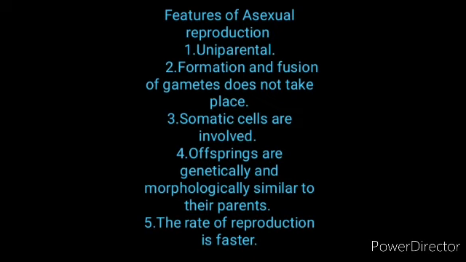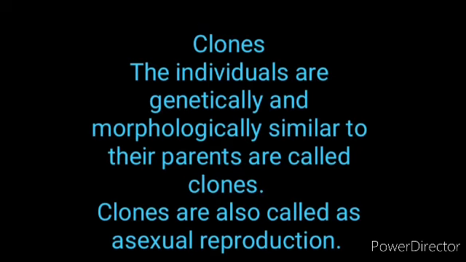So these are the features we discussed in asexual reproduction. Next, we discussed clones. What is a clone? A clone is also a type of asexual reproduction. In clones, the individuals are morphologically and genetically similar to the parent.